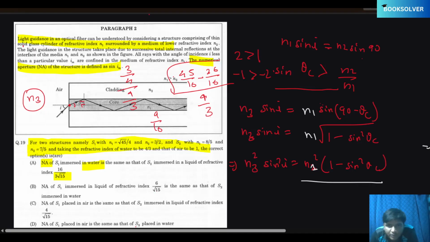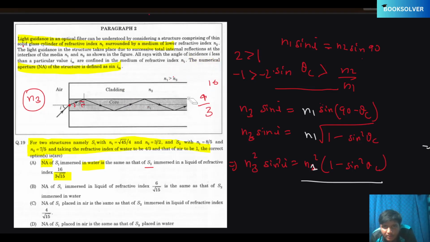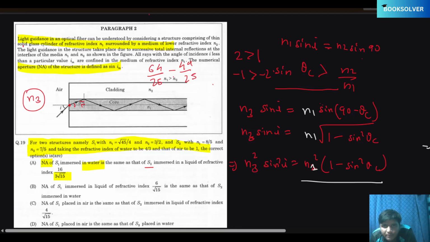Let's see whether S2 gives the same thing or not. For S2, N1 is equal to 8 by 5, so its square will be 64 by 25, subtracting N2 square, that is 49 by 25, and N3 is 16 by 3 root 15.